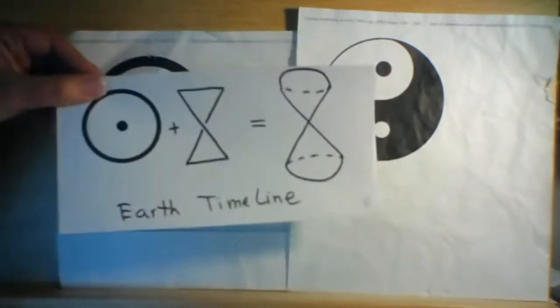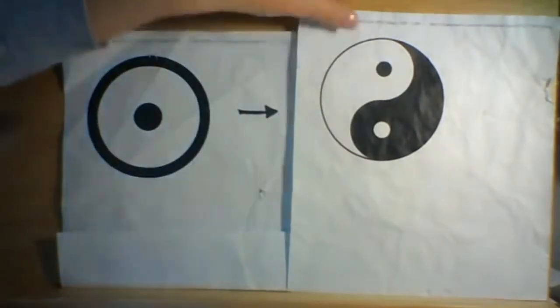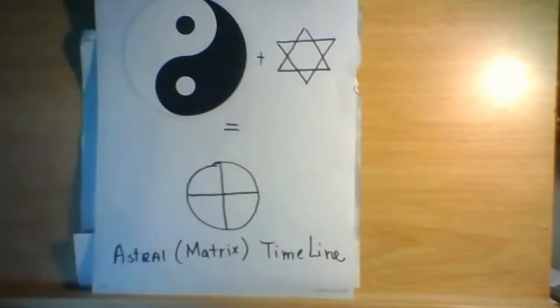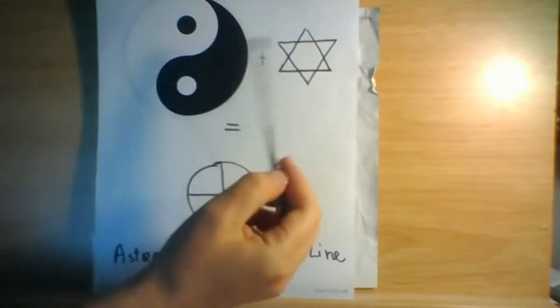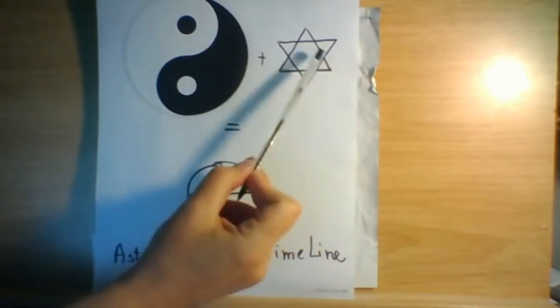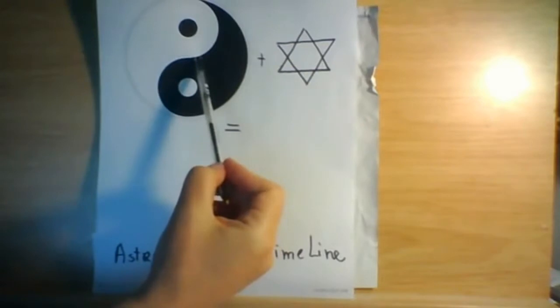All of this was turned into this. All right, this is an astral timeline, a matrix timeline. Once the matrix timeline was inserted, this is what happens here: masculine and feminine.